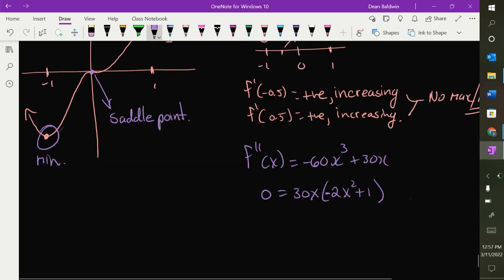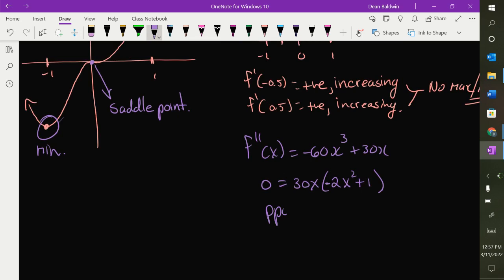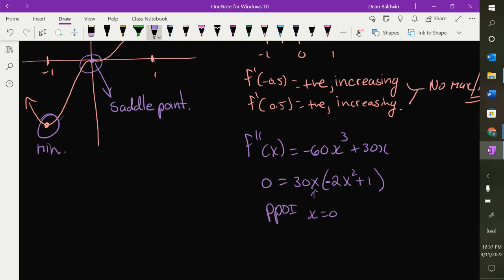So you would get possible points of inflection of x is equal to 0 for this one. That's why this shows up. It's a point that actually turns out to be a point of inflection because the curvature changes.